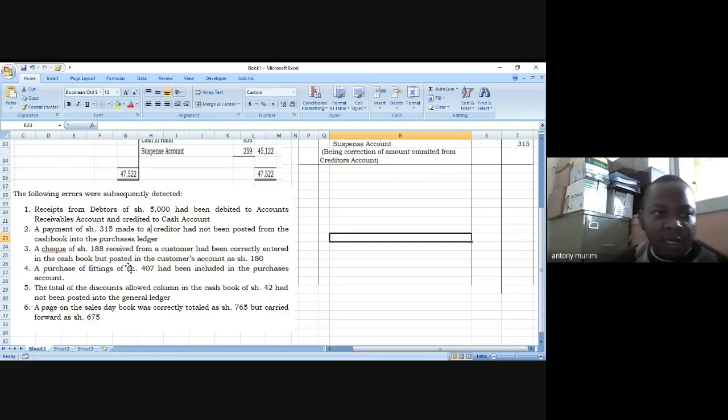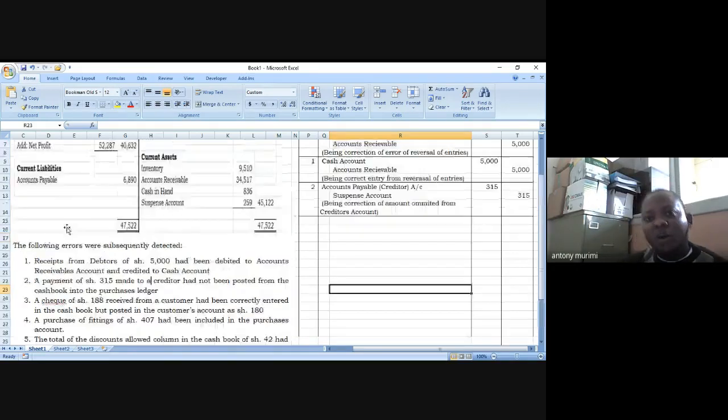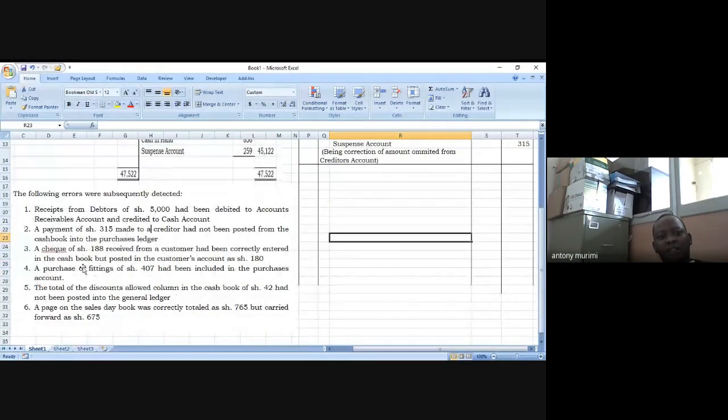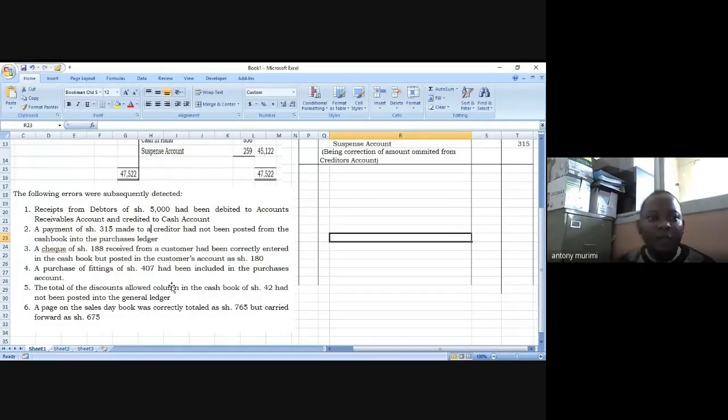But the question is, does this error affect the trial balance or not? To me, it affects the trial balance because on one side of the ledger, the correct amount was entered, while on the other side, the wrong amount was entered.